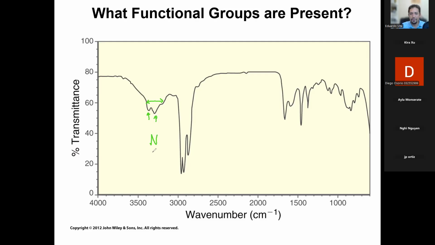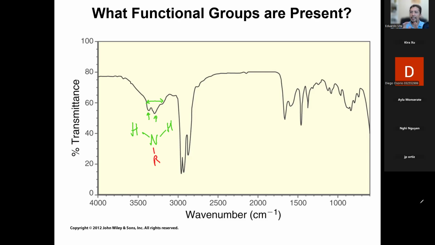What does that mean? It means that these are your nitrogen hydrogen bonds. There's two of them. Everything else is just a carbon. So yes, you are correct. Those are amine peaks. You can find them between 3200 and 3500. If there's one of them, NH. If there's two of them, it's NH2. Yes.